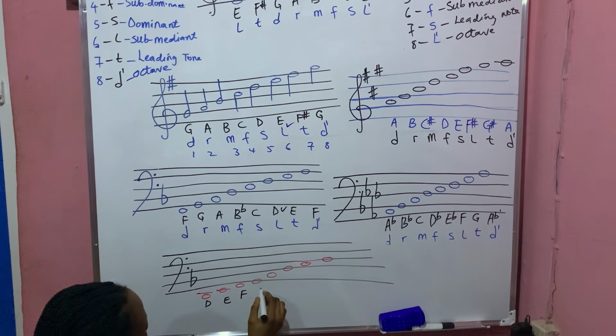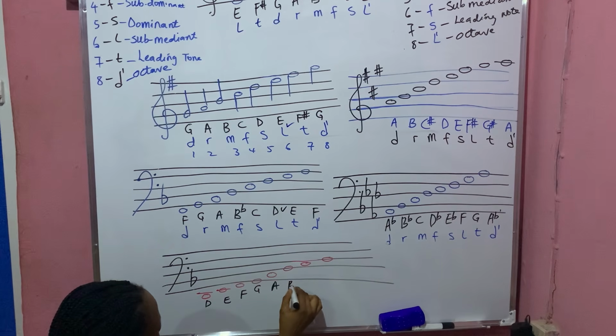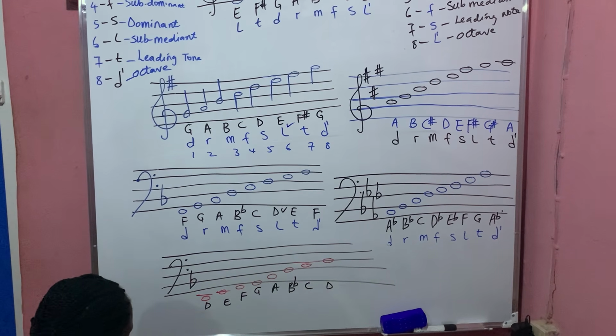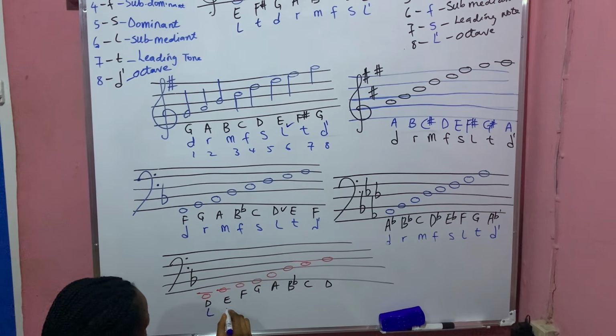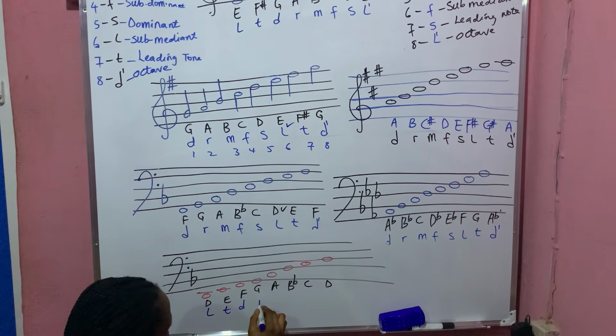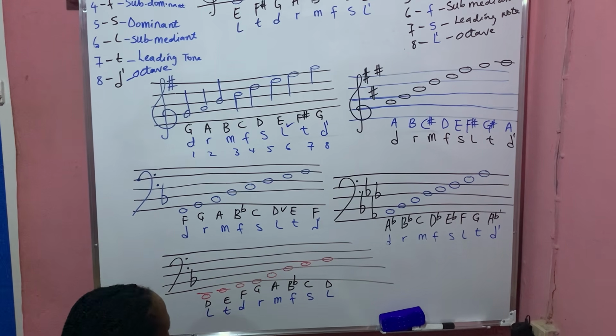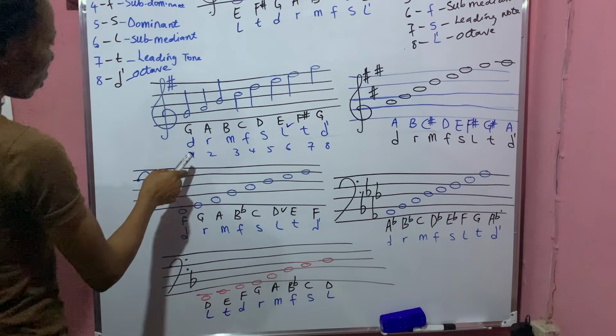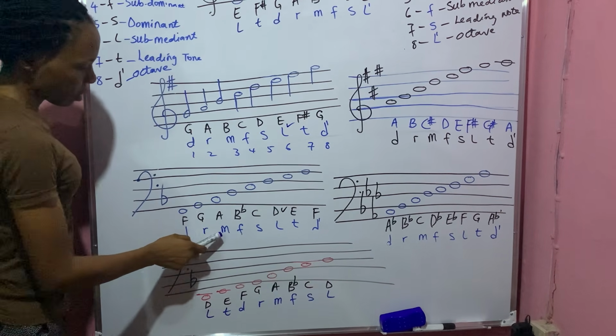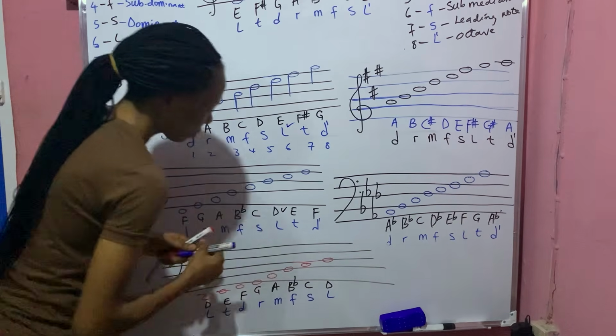D, E, F, G, A, B flat, C, and D, which is going to be La, Ti, Do, Re, Mi, Fa, Sol, La. Well, this one was Do, Re, Mi, Fa, Sol, La, Ti, Do.